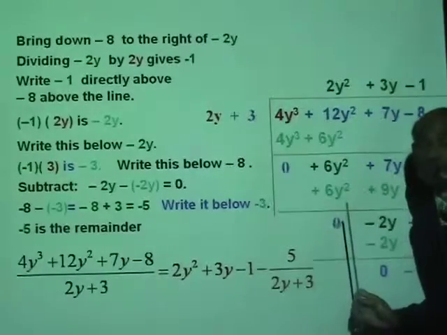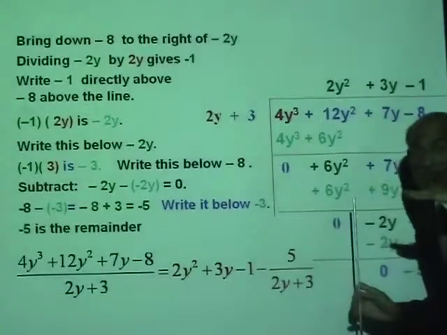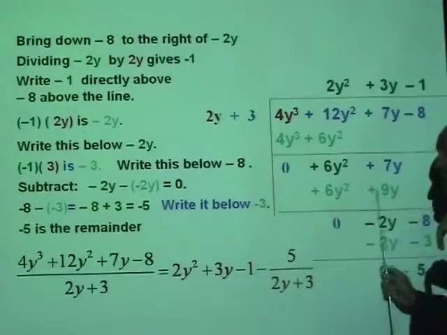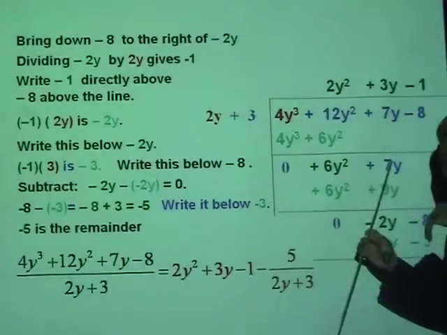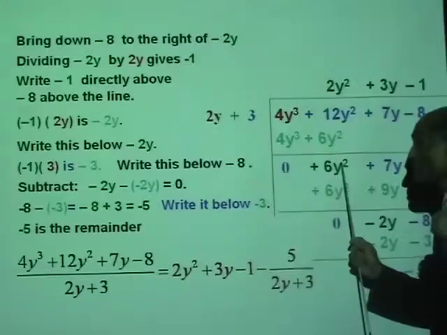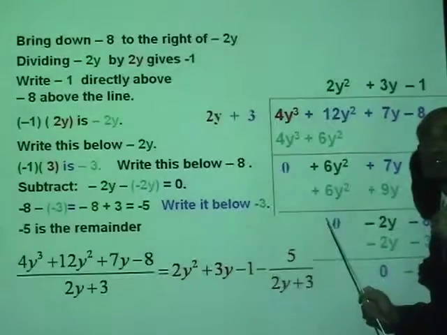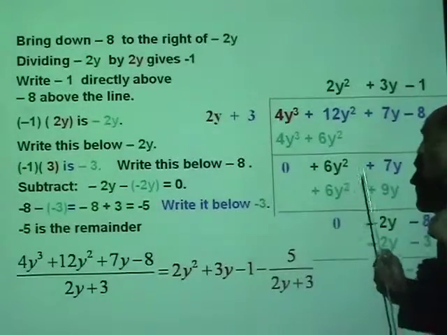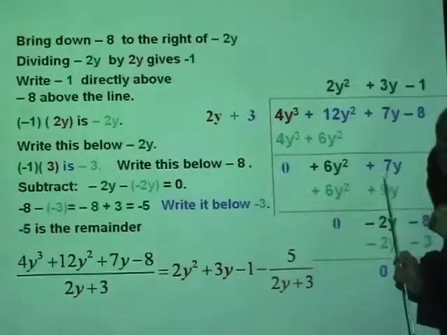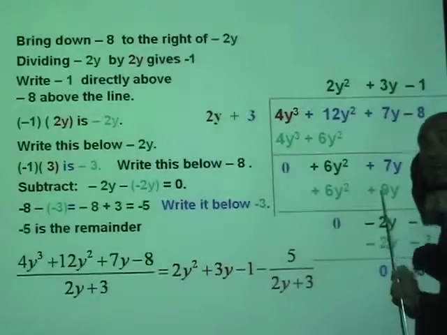What is the next term? Subtract terms below, the green terms, from terms above. 6y squared minus 6y squared is 0. 7y minus 9y.